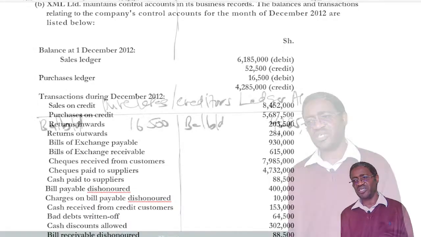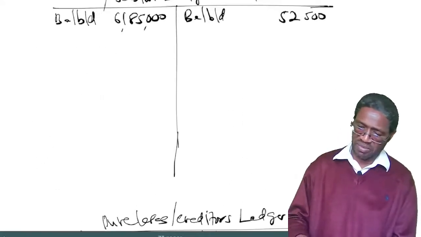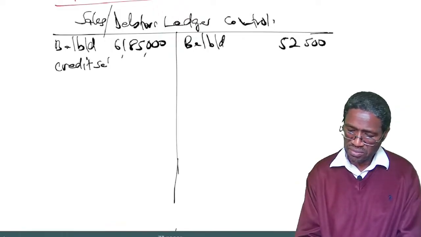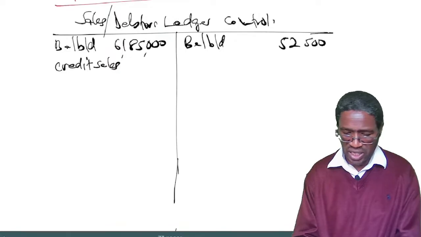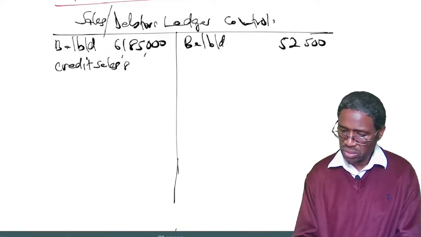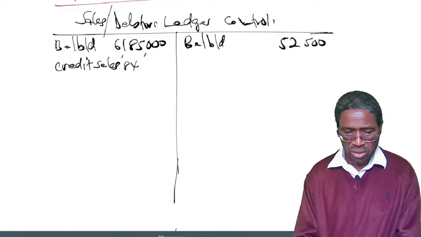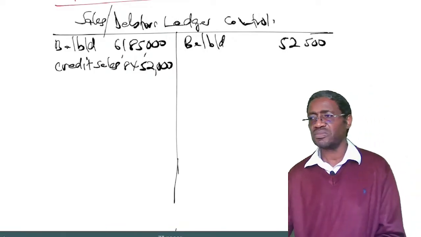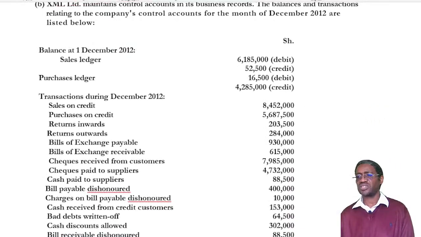How much? 84.52. Come and debit. And you come and see your credit sales. We are given 84.52. Let me confirm. Yes, 84.52. Good. Next one.